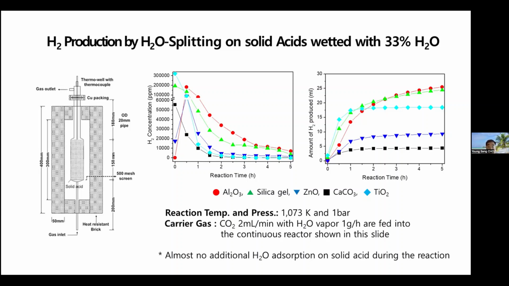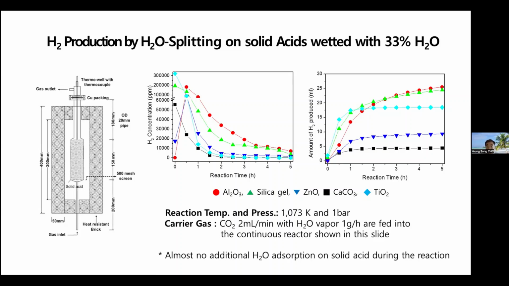For example, in case of titanium, hydrogen production goes up very fast, but diminishes also very fast. But in case of alumina, it produces hydrogen rather slowly, but stays in high concentration for a longer time than others.